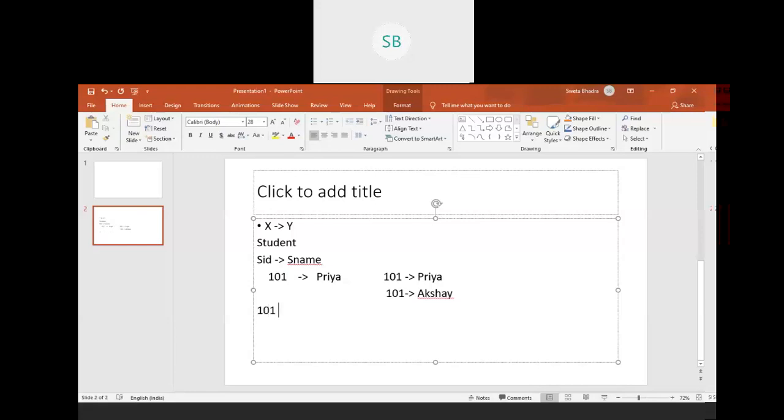When we have 101 Priya, 101 Priya, we are saying this is a valid case, but when we have 101 Priya, 101 Akshay, this is invalid. Why? Can anyone explain why it is invalid?